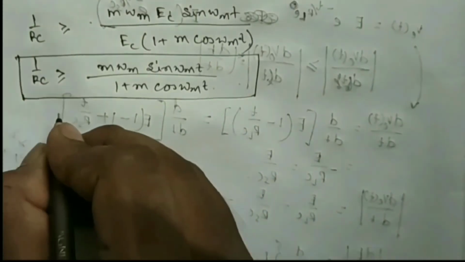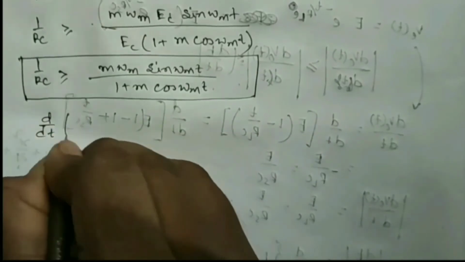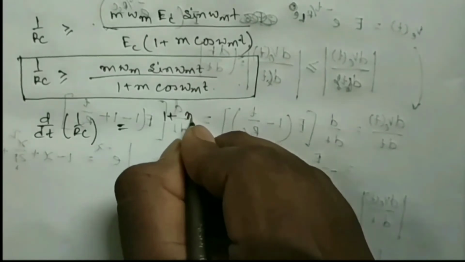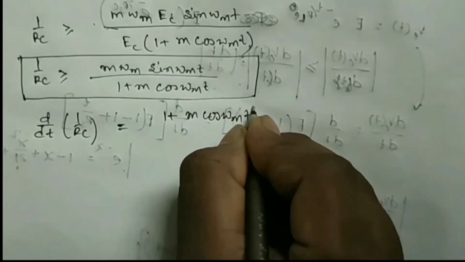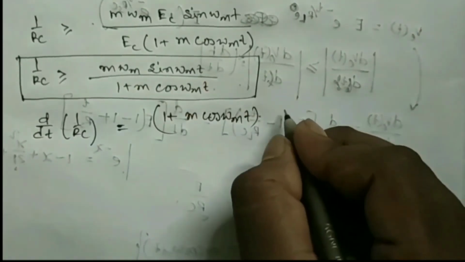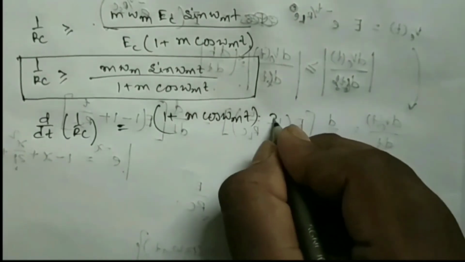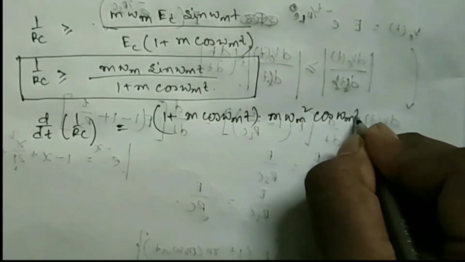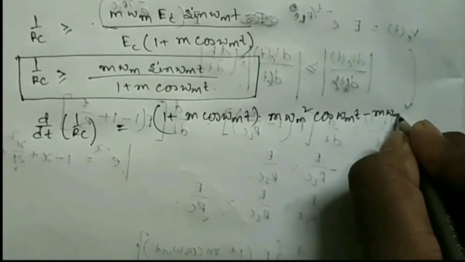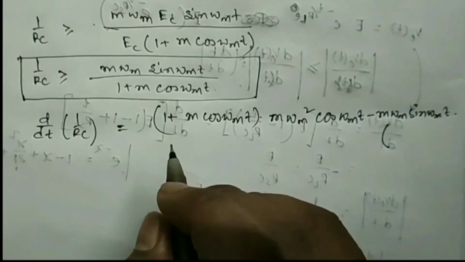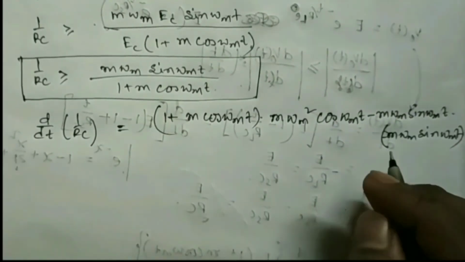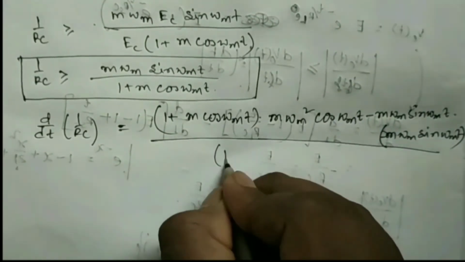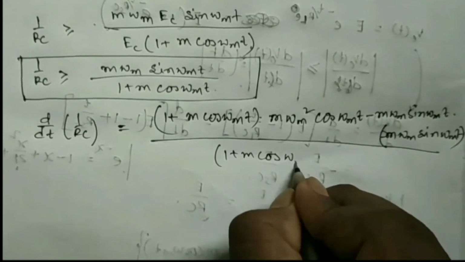Let us differentiate it. So d/dt of 1 upon RC will be 1 plus m cos omega mt into differentiation of the numerator, that is m omega m square cos omega mt, minus m omega m sin omega mt into differentiation of the denominator, that is minus m omega m into sin omega mt, and in the denominator we will have 1 plus m cos omega mt whole square.